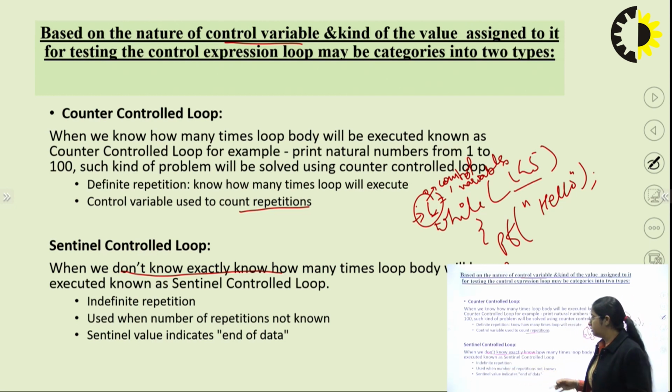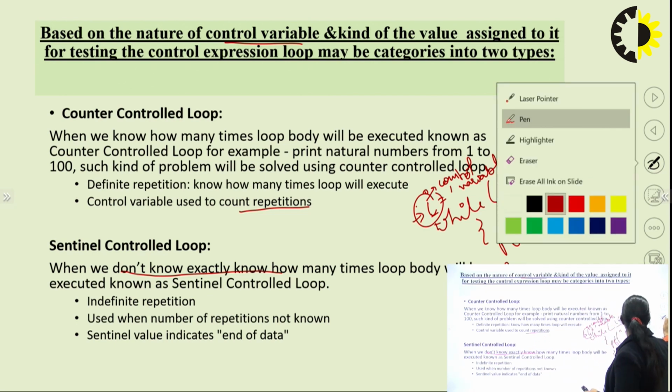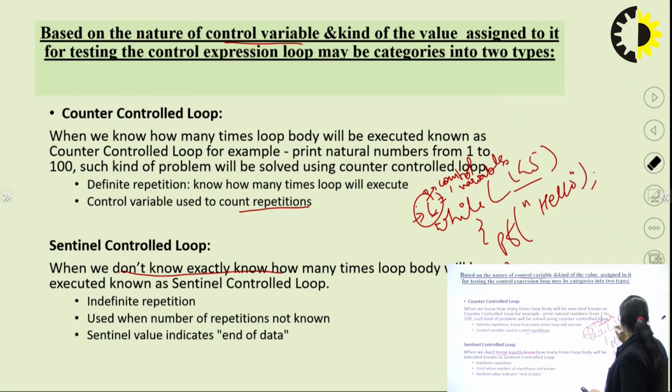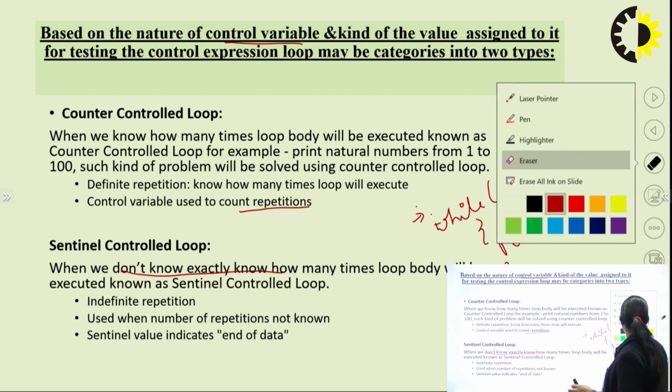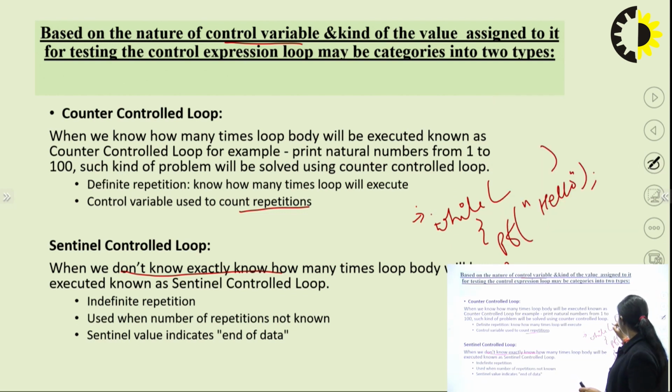For example, here we are not using any counter variable, we are just printing, giving some condition. Suppose I take a character op equals to y.